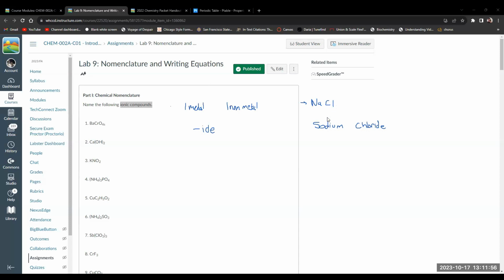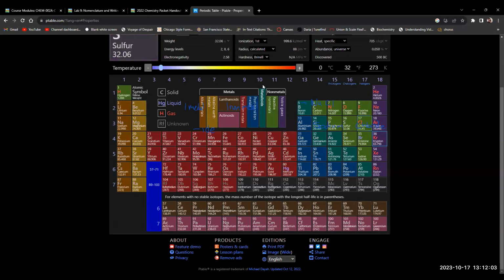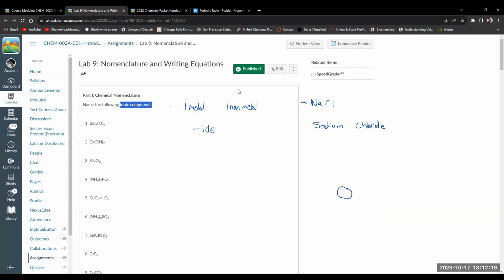If we look at the chloride itself and pull up the periodic table, we see that chlorine is changed to chloride.